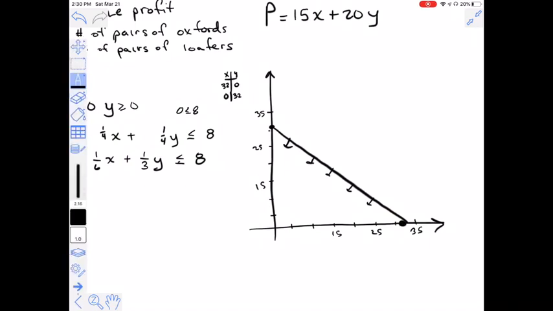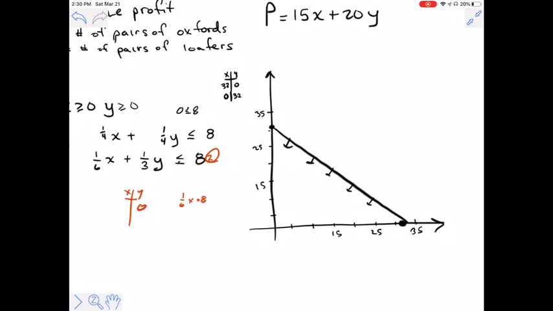Now for the second inequality, if I let y equal 0, then I have 1/6 x equals 8. If I multiply both sides by 6, I get x equals 48.